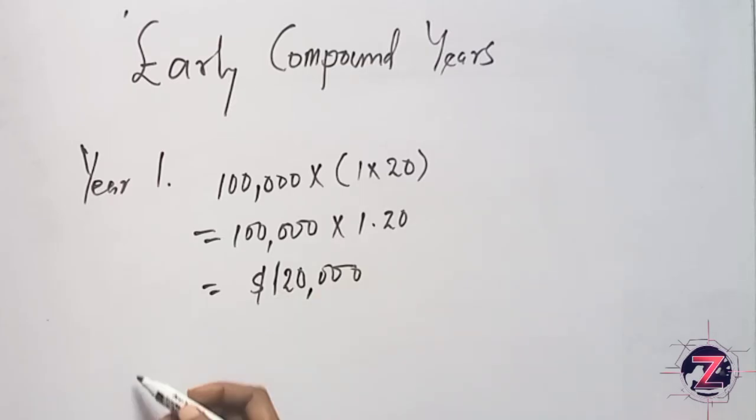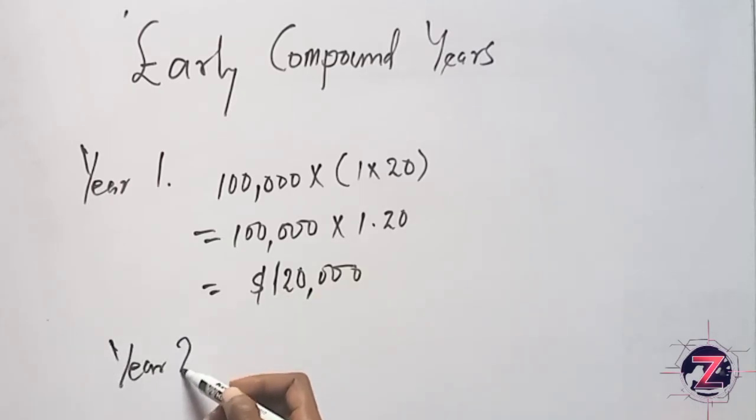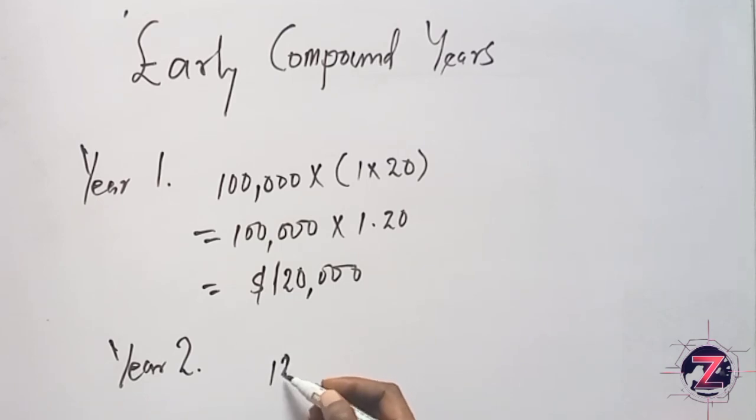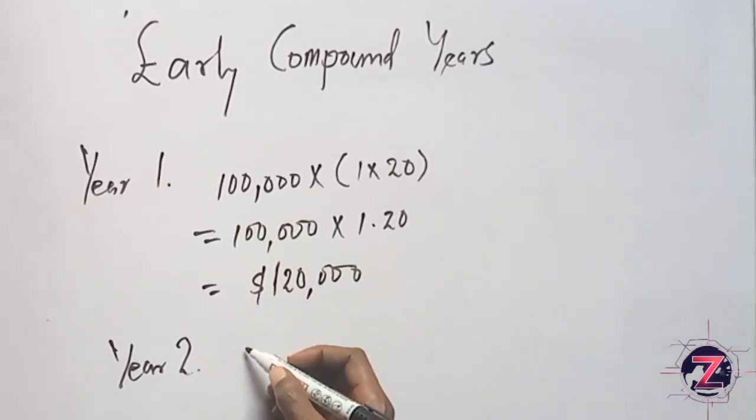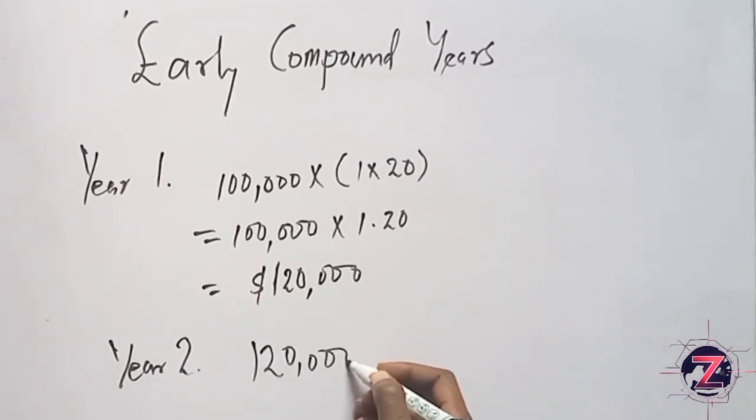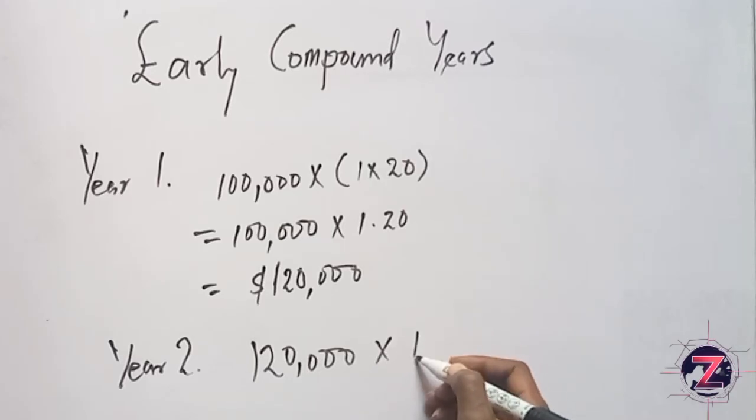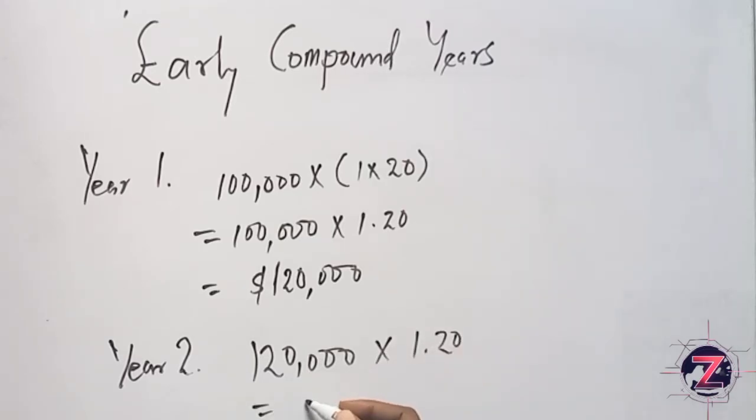In year 2, we multiply the $120,000, which is now our amount, by 1.20, which is 1 plus 20%, giving us $144,000.